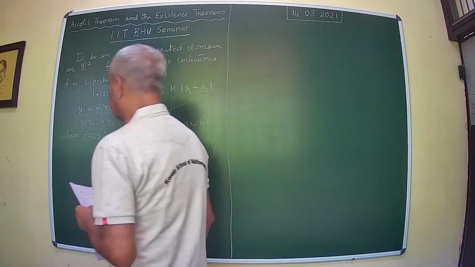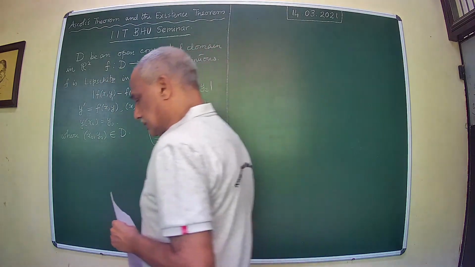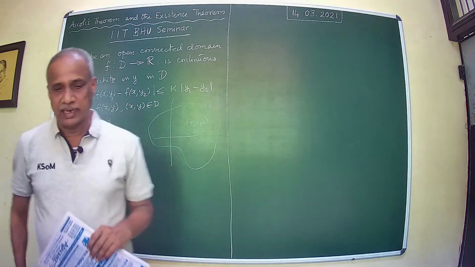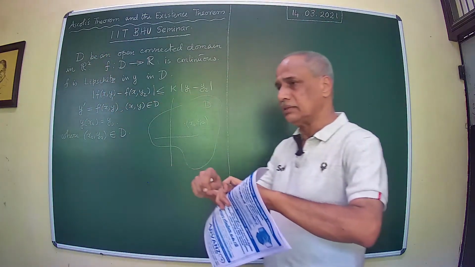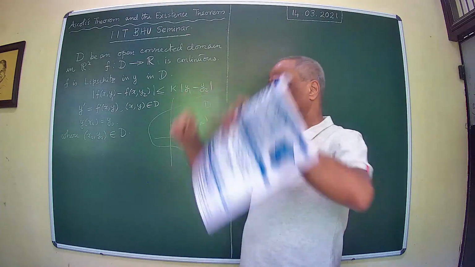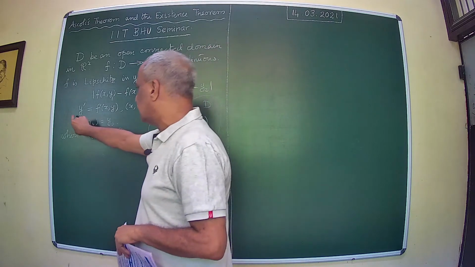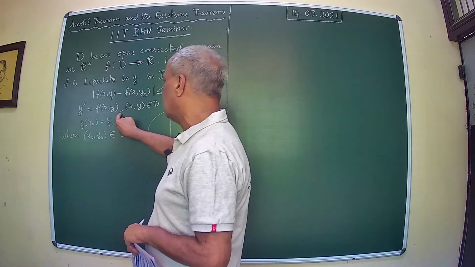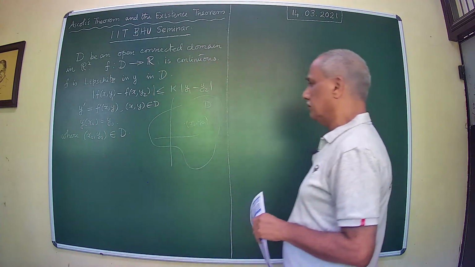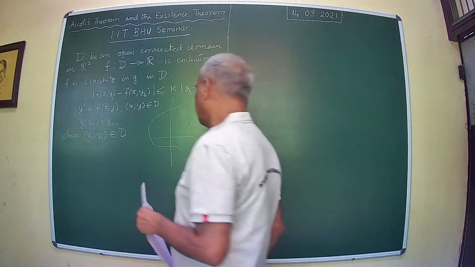Now let us recall the following. We are interested in talking about the local solution. That means in the neighborhood of the point x0, something like x0 minus h to x0 plus h, you want to say that there exists a function which satisfies this differential equation and the initial data on that interval, mod x minus x naught less than h.